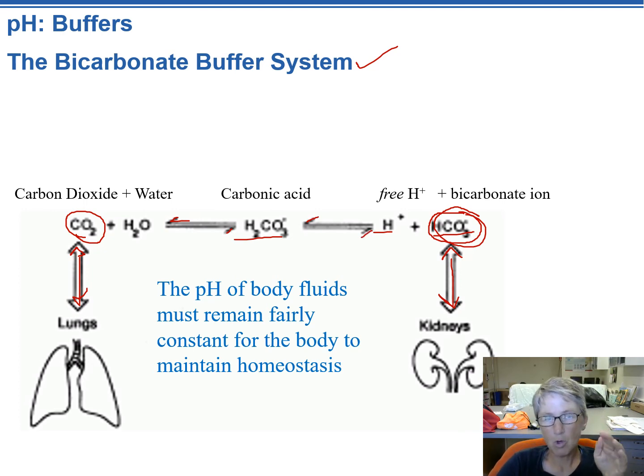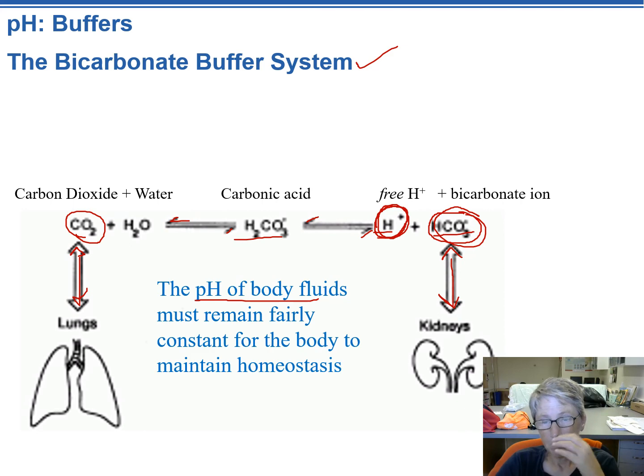And you use this bicarbonate buffer system because the pH of your body fluids must remain constant to maintain homeostasis or you get sick. So the pH, if you remember what I just told you, is a measure of the free hydrogen ion concentration.